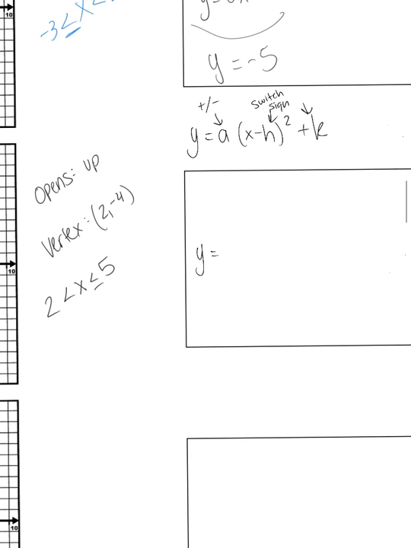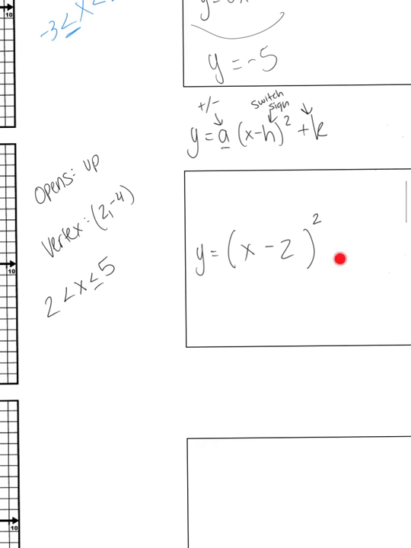My y equals, my a is a +1, so I can just leave it as, I don't even have to write it in there. You could write a plus sign or a +1 if you want, but you don't really need to. Okay, so I'm going to go straight to my parentheses here, x, and here's the deal, I've got to switch the sign on this. So instead of writing +2, I'm going to write -2, quantity squared.